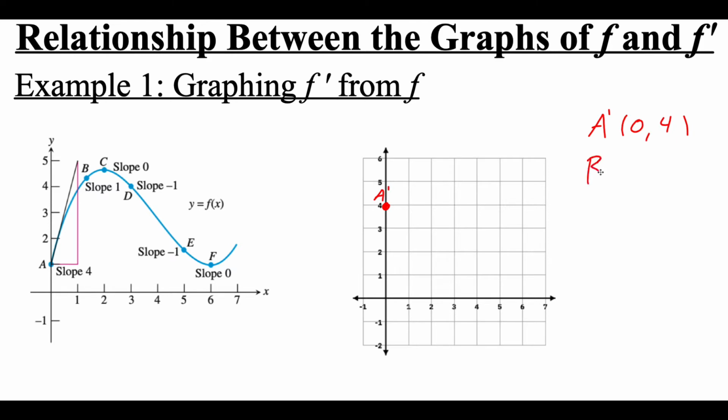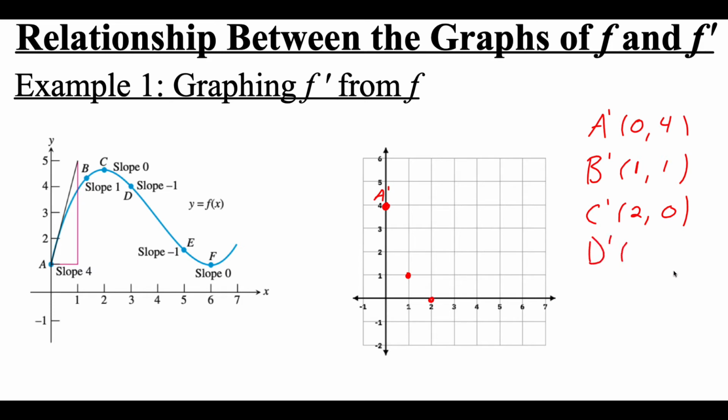As far as B prime, I look at point B, which is at the x value of 1, and the slope we found there was 1. So B prime is going to be at the point (1, 1). For point C prime, that's at an x value of 2, and the slope we found there was 0, so that's the point (2, 0).